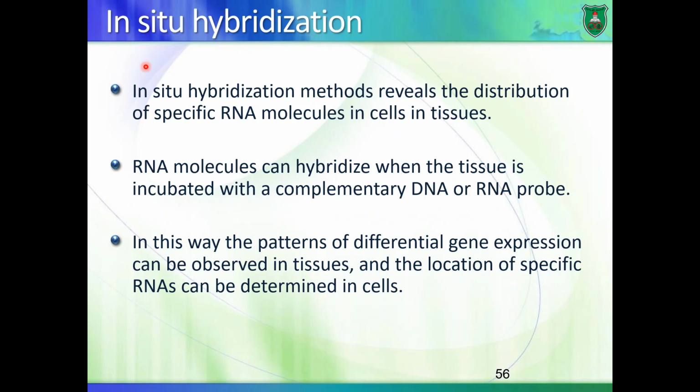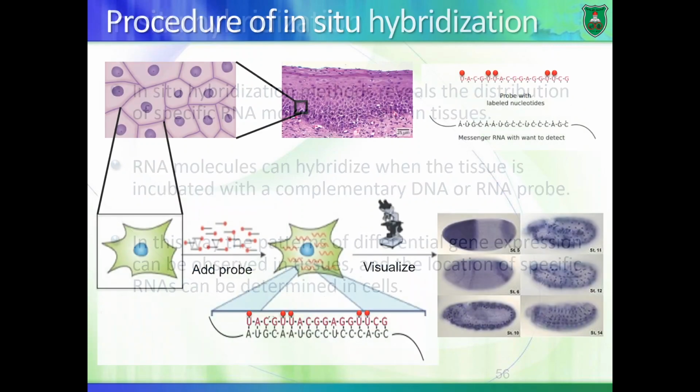Is it expressed more in normal cells, or epithelial cells, or cancer cells, or inflammatory cells, for example? You don't know that. So the idea here is that we want to know not only how much messenger RNA is expressed in a tissue section, we want to know where it is expressed. And that is the purpose of in situ hybridization.